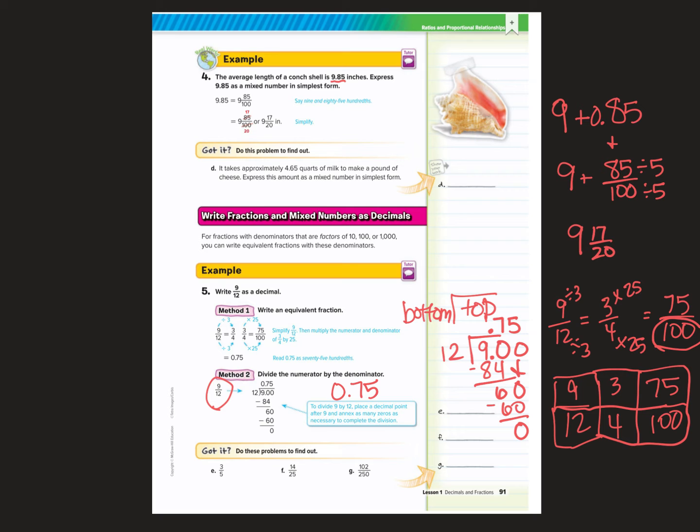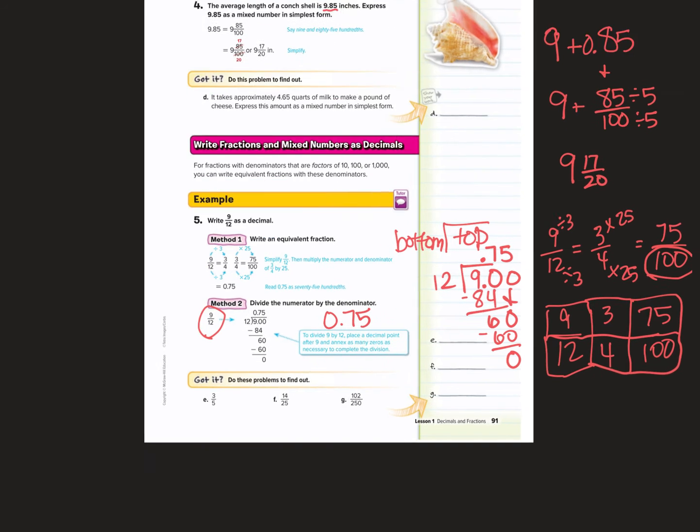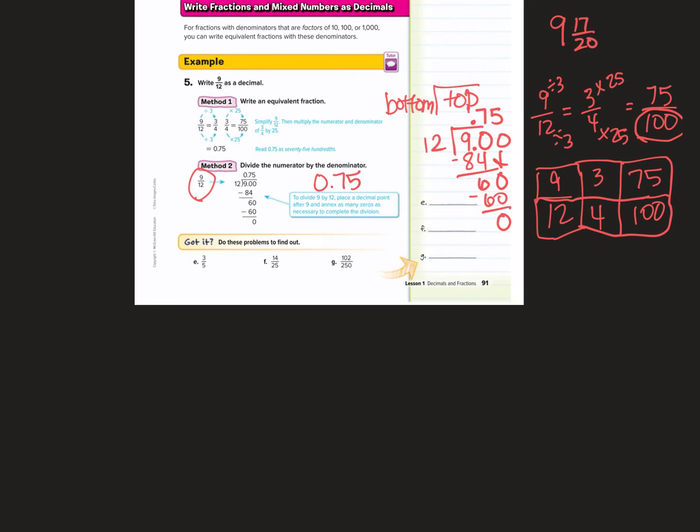Let's do a little example down below. I'm going to scooch these guys up here. If you need them, you can just rewind the video. Let's do 14 twenty-fifths. I know 25 goes easily into 100, so I'm going to multiply both by 4 to get a denominator of 100. 14 multiplied by 4 is 56, so 56 hundredths.